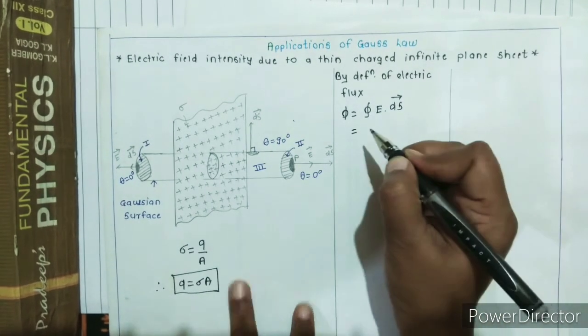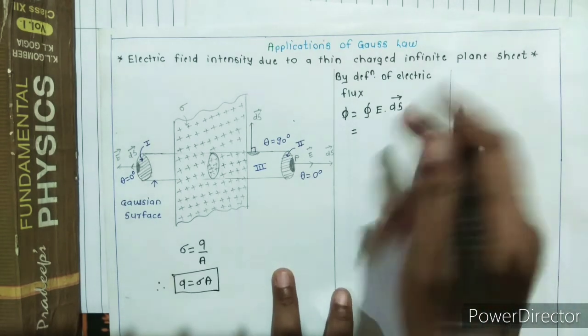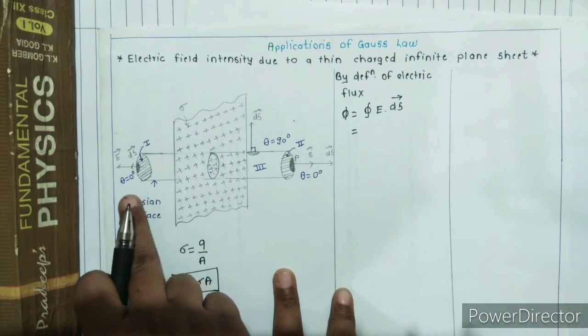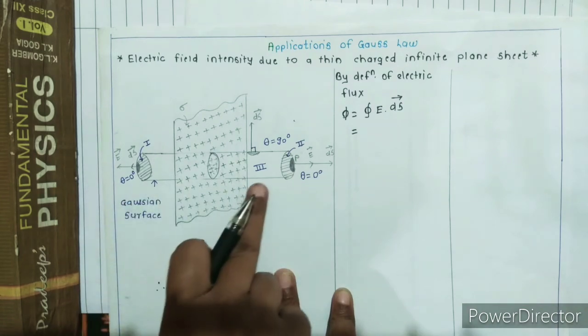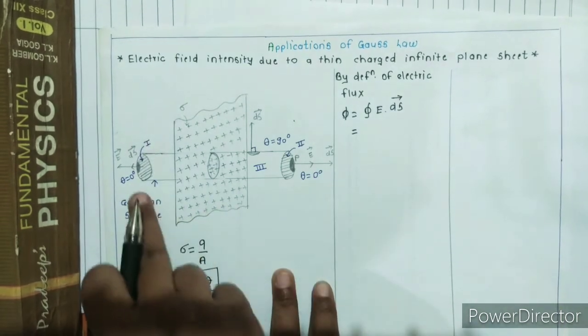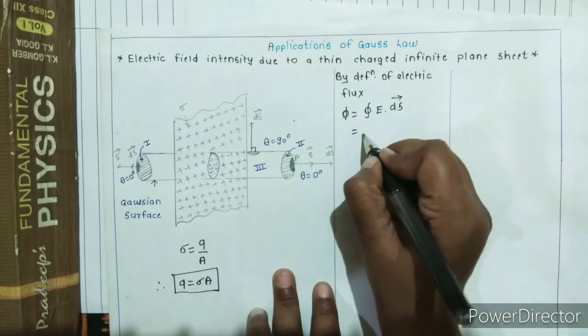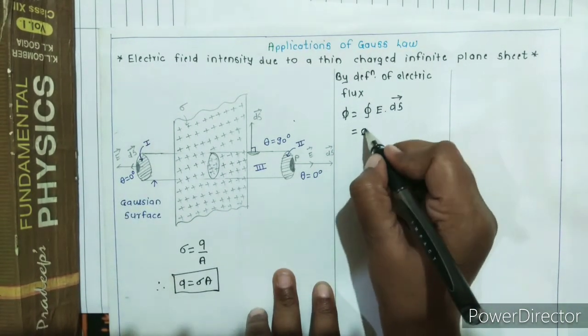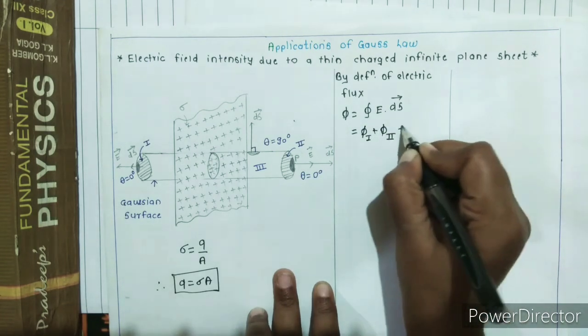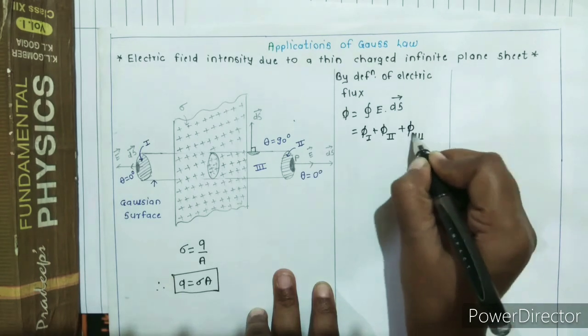Now same as in our previous derivation, we have to divide the cylindrical shape into 3 regions, first, second and third, and I have to find the electric flux through the cylinder, so I have to add it algebraically. So phi through first region, phi through second region, and phi through third region.